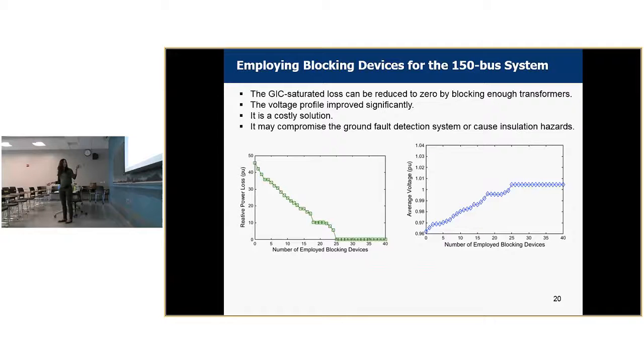With 25 blocking devices, you can reduce the losses to almost zero, and you keep improving the voltage profile. That's because with opening a line, you are changing the AC flows, but with blocking a transformer, you don't affect the AC solution. But then again, blocking devices are more costly, so you have that limitation.